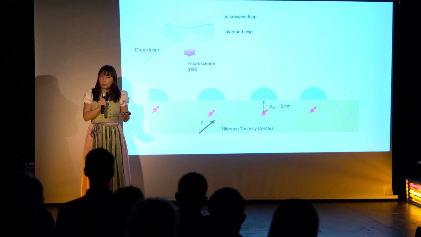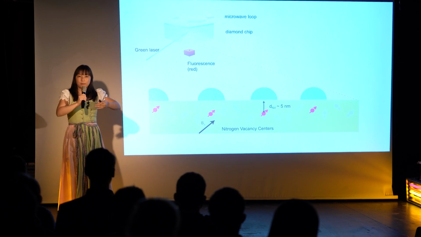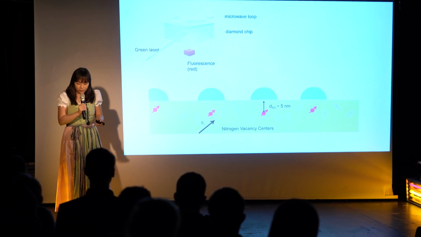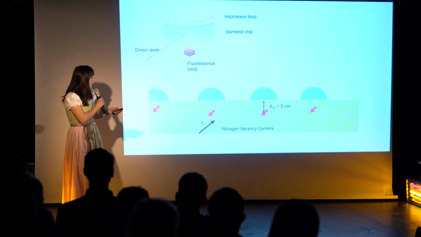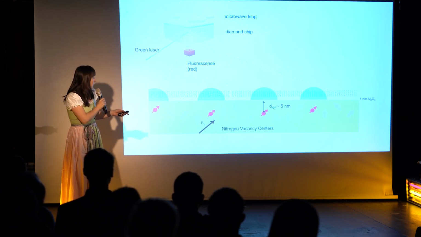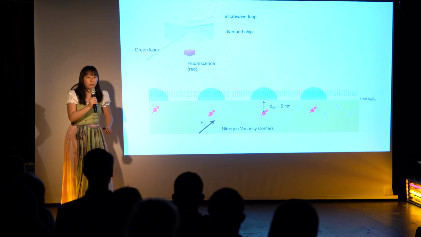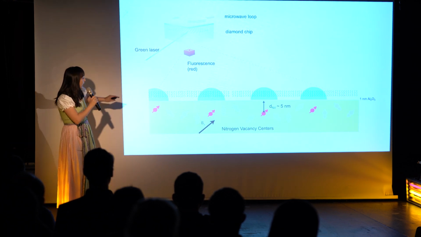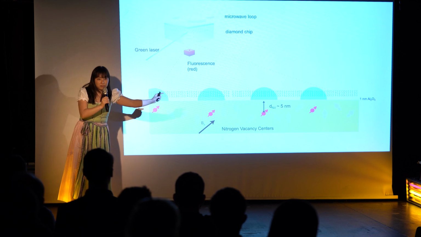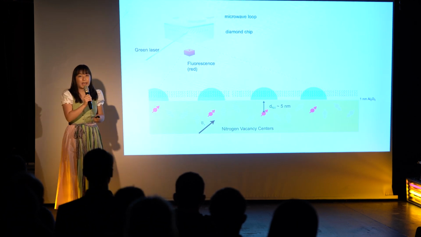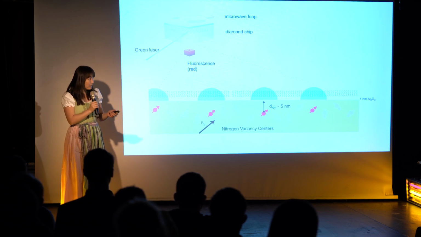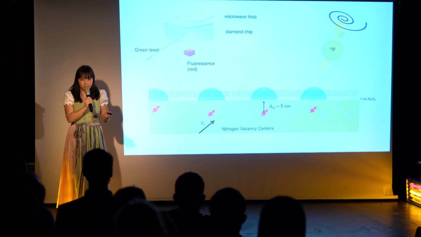So to show what nitrogen vacancy centers, what our sensors can do, we chose to study a very special surface, aluminum oxide. And we form a single layer of molecules on the surface. These molecules contain very special atoms, such as fluorine.